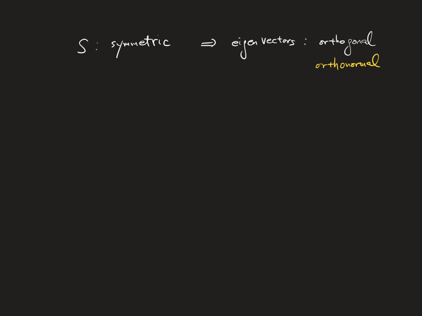This is an important fact, because in quantum mechanics or quantum computing, an operator is just a symmetric matrix, and a lot of times we just assume that eigenvectors are orthonormal, but I think you need to know this fact first.